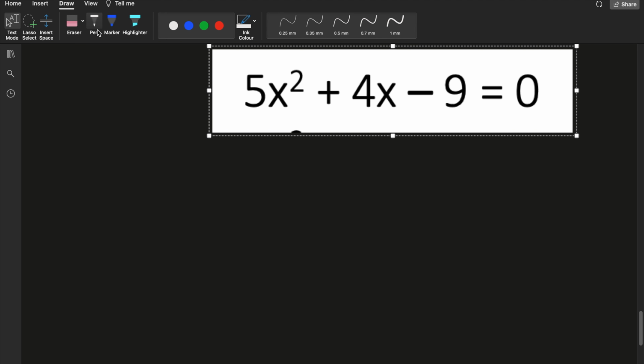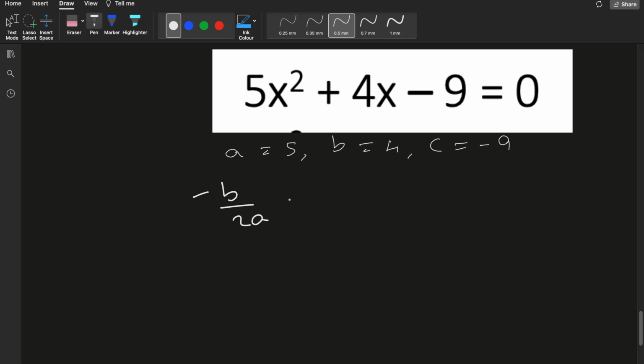Now we know that a is 5, b is 4, and c equals minus 9. So the x coordinate will be minus b by 2a, which is minus 4 divided by 5 into 2, that's 10. That is minus 2 by 5.